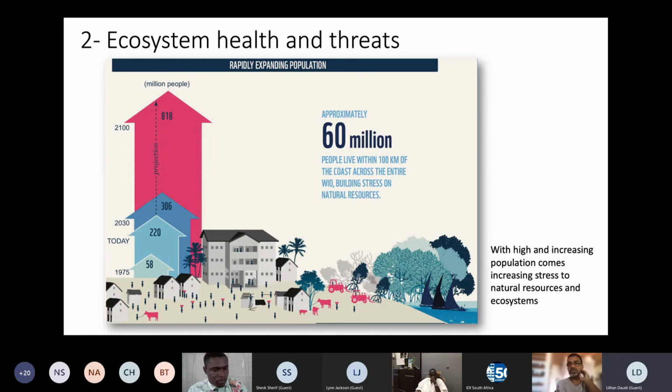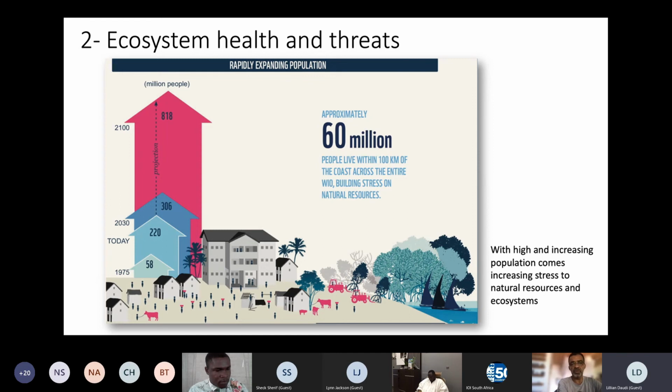In Western Indian Ocean countries, we have a rapidly expanding population. The national populations on the left, you can see, were 220 million across the 10 countries in 2017 when we wrote this report. That will grow to 306 million by 2030 and to 818 million, almost 1 billion people, just in this sub-region of Africa in 2100.